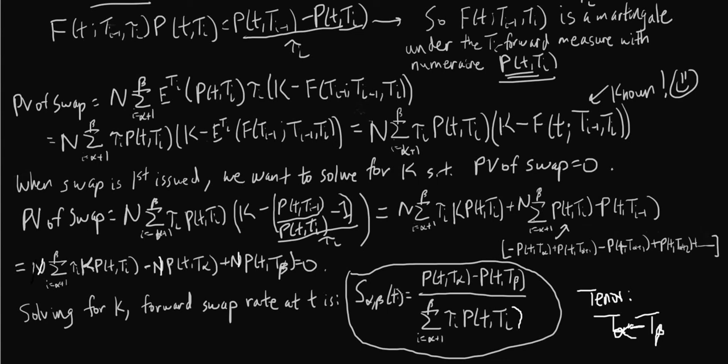But for the meantime, just understand that this is the value of the forward swap rate, and this is a very important equation. It basically allows you to figure out what fixed rate the interest rate swap needs to go to such that the present value of the swap is 0.